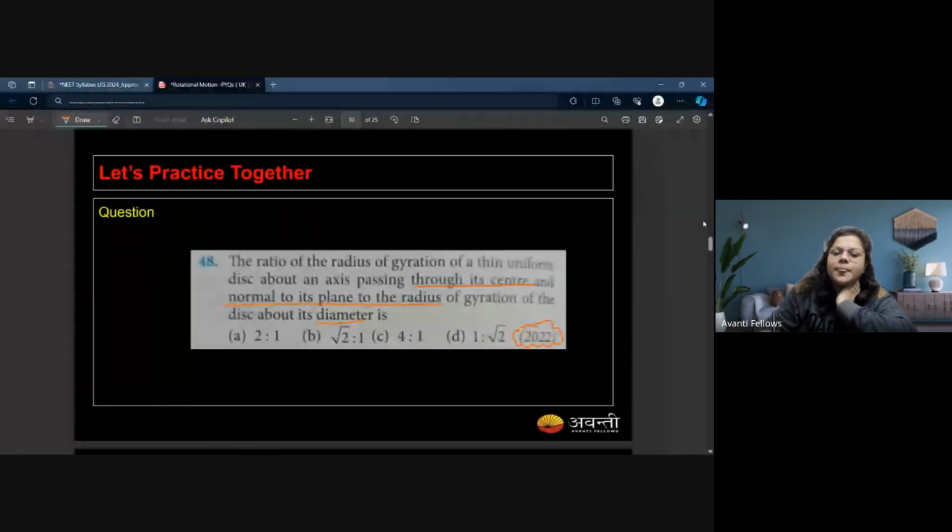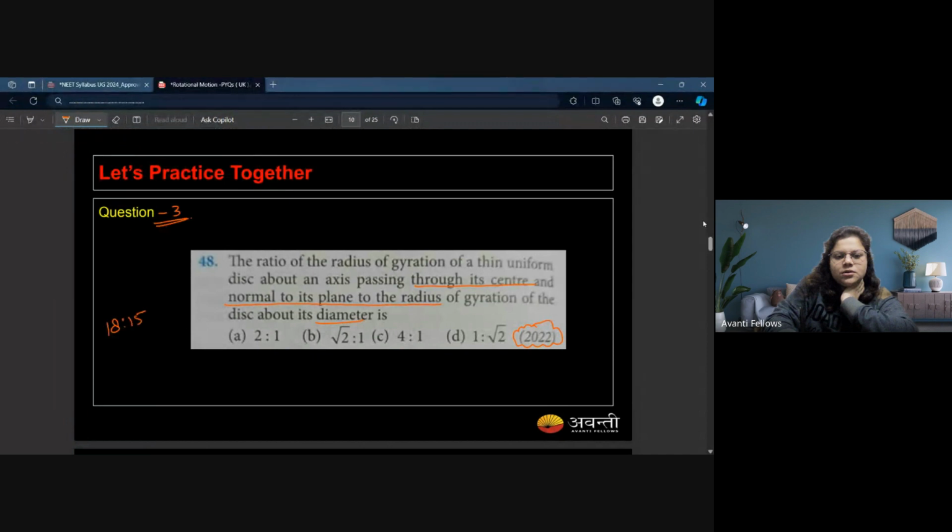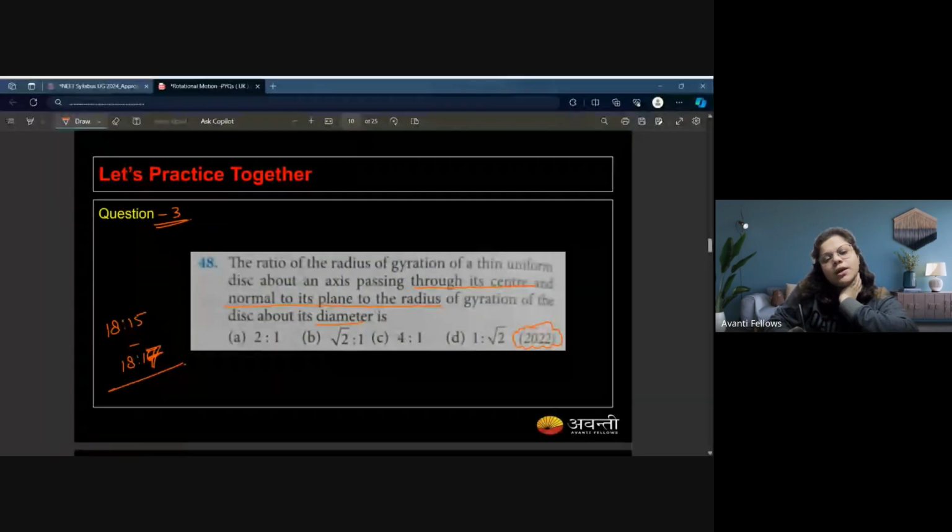We have to find two moments of inertia here and then do the ratio. So it is your third question. Right now, the time is 18:15. You will have 2 minutes to solve this question. I'm going to launch a poll. Kindly answer over there.